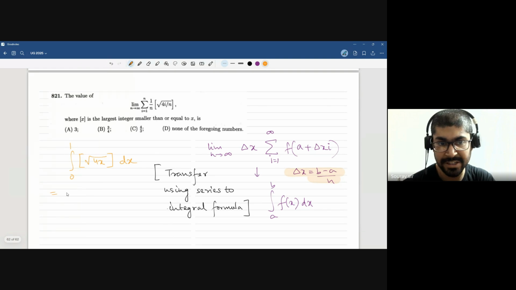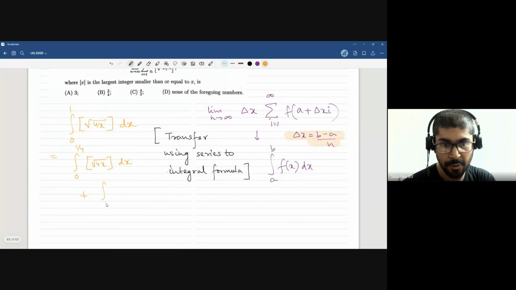We just did something similar, right? So you have root of 4x inside. So the breakpoints will be at 0 to 1/4 and 1/4 to 1. So this will be the integral from 0 to 1/4 of root 4x dx and from 1/4 to 1 of root 4x dx, because at 1/4 you will get 1 and at 1 you will get 2.